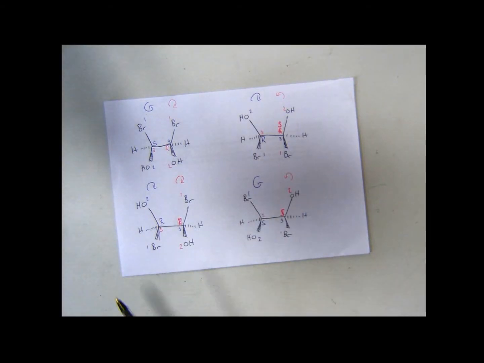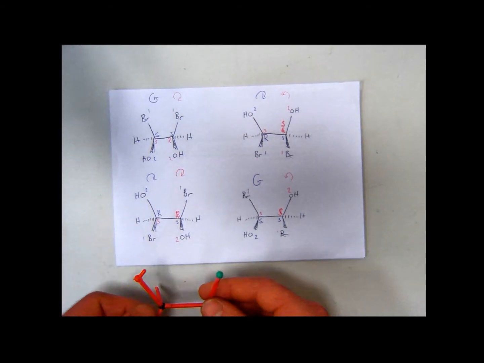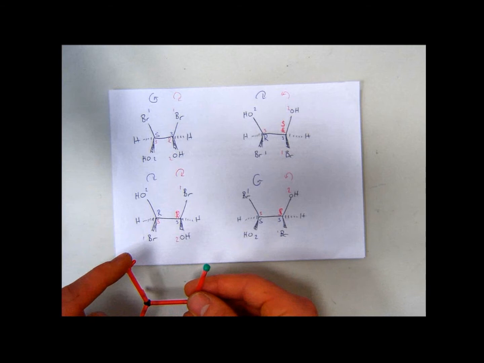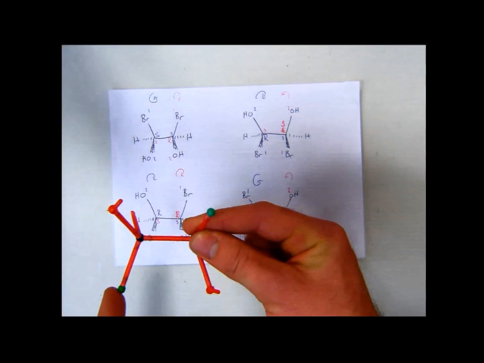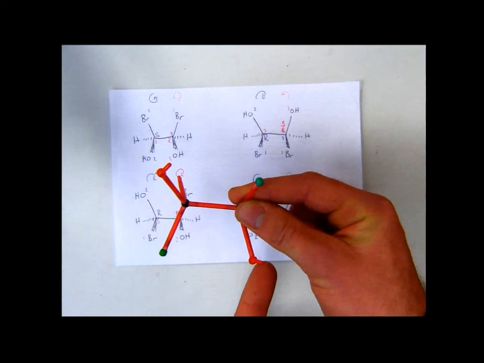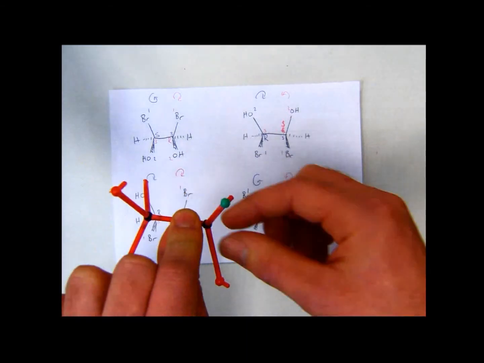So you would think that there are 4 different arrangements which give 4 different stereoisomers. However, look closely. Here I've made the RR model. So you can see hydroxy at the top, bromine at the bottom, and a hydroxy at the bottom as well, with both hydrogens facing backwards.